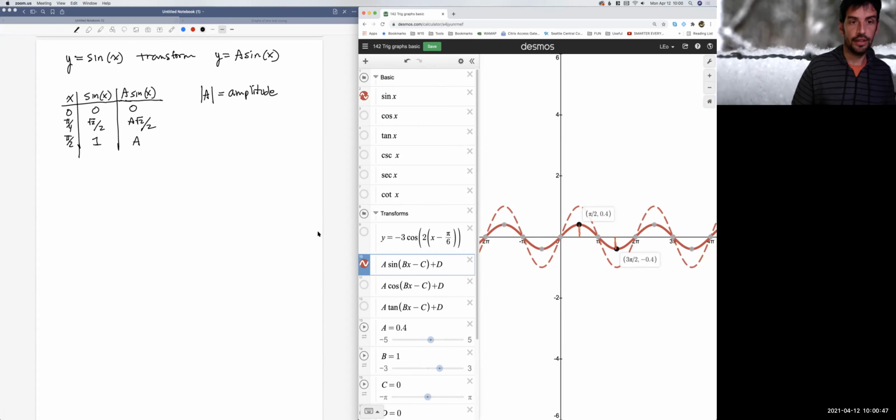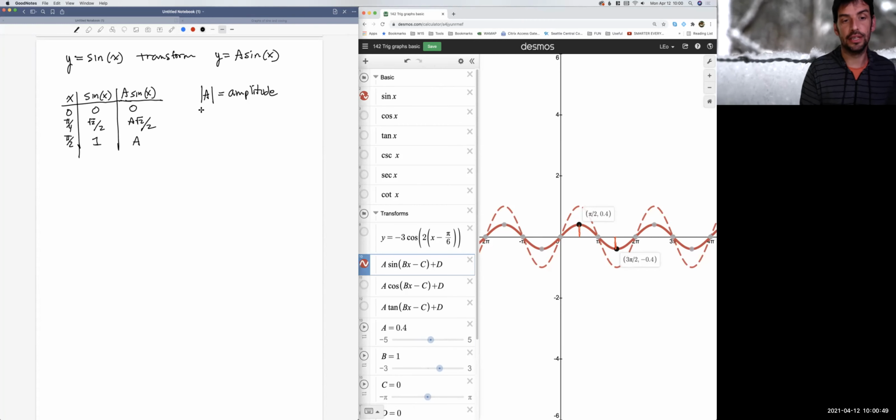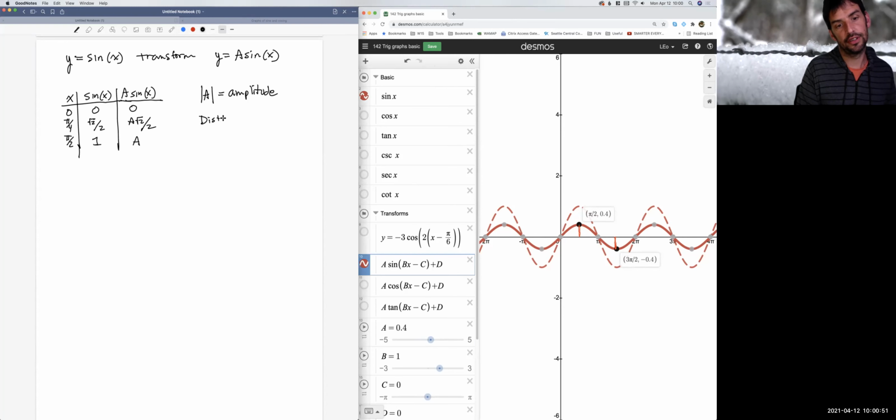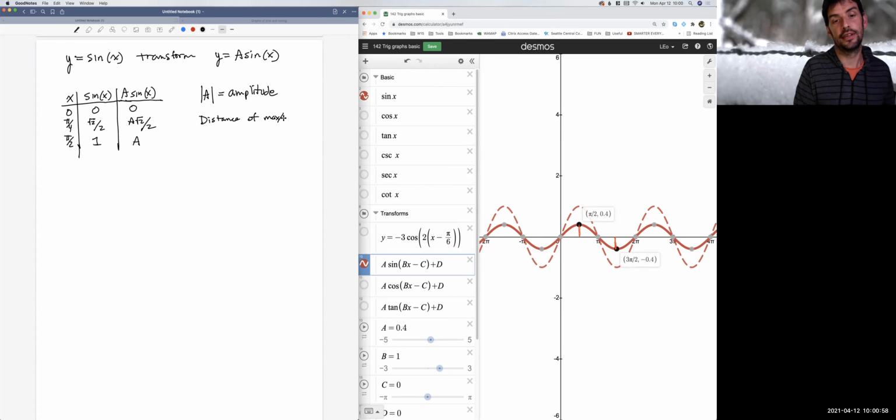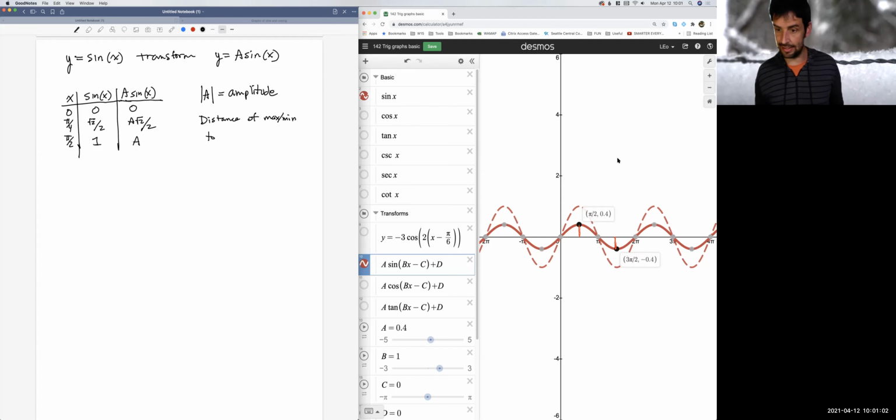The amplitude is going to be the distance of the max or min to, I want to say 0, right?